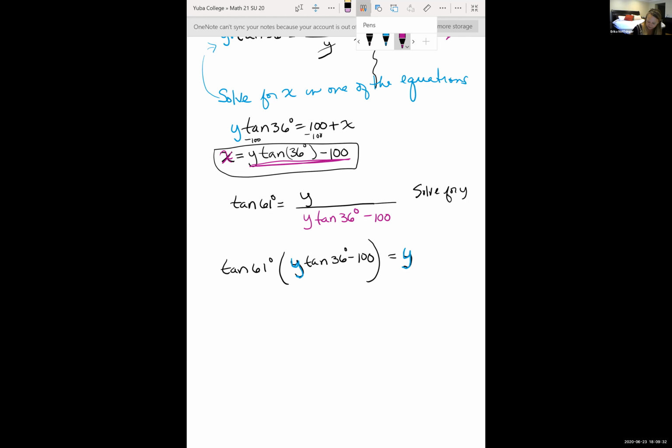Doing that, we get Y tangent of 61 degrees times tangent of 36 degrees, minus 100 times tangent of 61 degrees, is equal to Y.